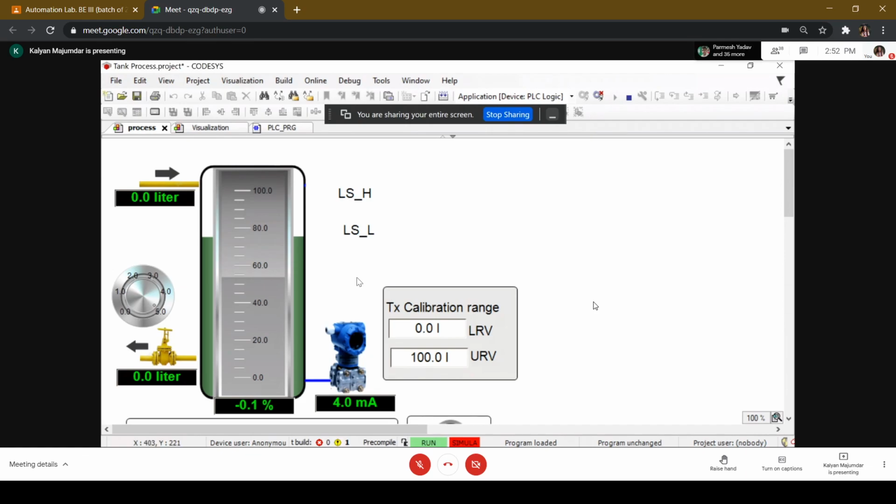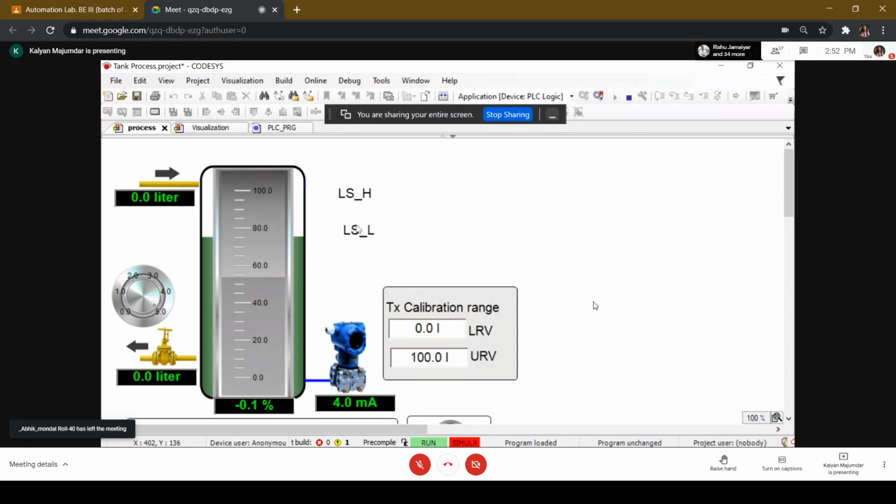Instead of using level switches that just tell you whether there is liquid at two predefined levels, you could actually have a transmitter. A transmitter is better in the sense that it gives you a continuous output. It gives you an analog output, which is a direct measure of the liquid level in the tank.